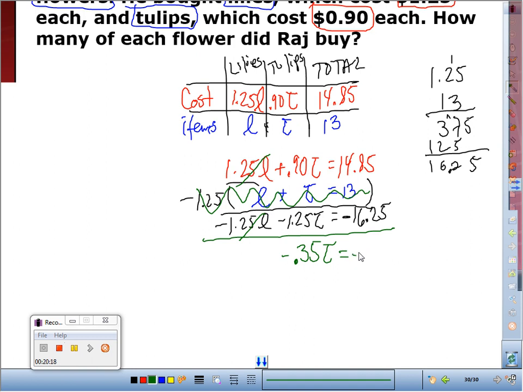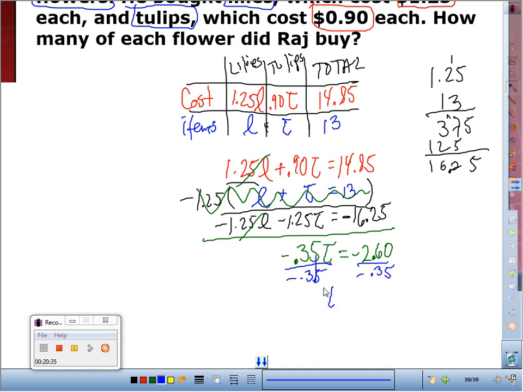Alright. Negative 1.40. Alright, so with that said, what is our last step? Divide by negative 0.35. Negative 0.35.